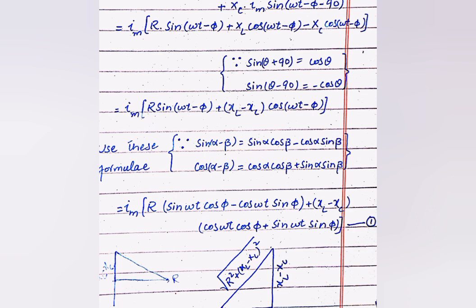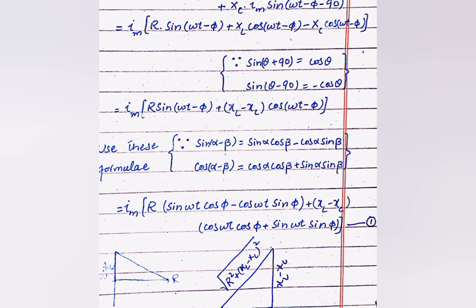But in case of the capacitor, that is sin(θ − 90) and it will become minus cos. Going to the next step, we see Im R sin(ωt − φ), and we take XL minus XC common from the last two terms.